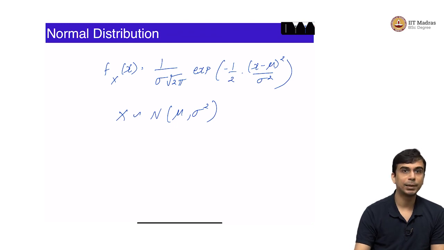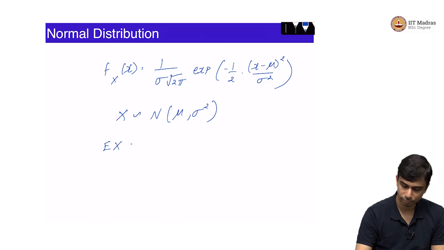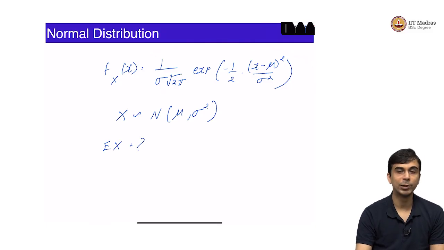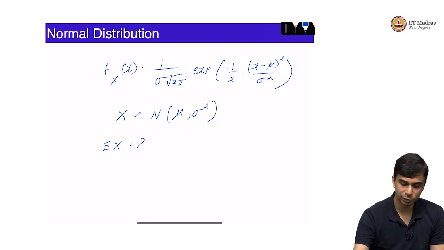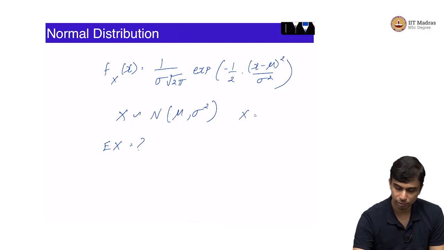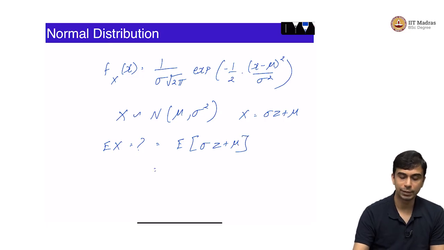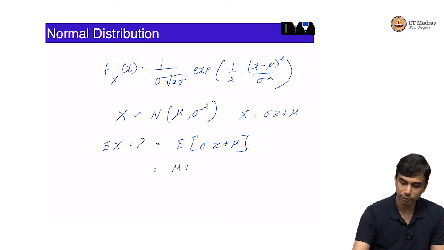Okay. So, what is the expected value of x? You could in principle just integrate this over minus infinity to infinity and get the answer, but you do not need to. Why? Because x itself was distributed as sigma z plus mu. So, expected value of x is simply equal to expected value of sigma z plus mu, and by linearity of expectation this is equal to mu plus sigma into expected value of z.